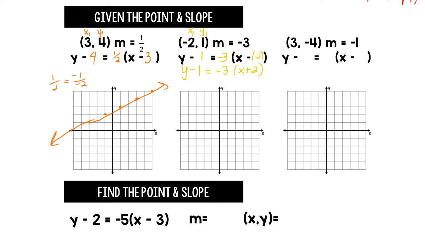So what do I notice? My point is -2, +1. In the equation, it's +2, -1. So the difference between the point and the equation is their signs are opposite. So if the point is -2 for x, it's +2 in the equation.